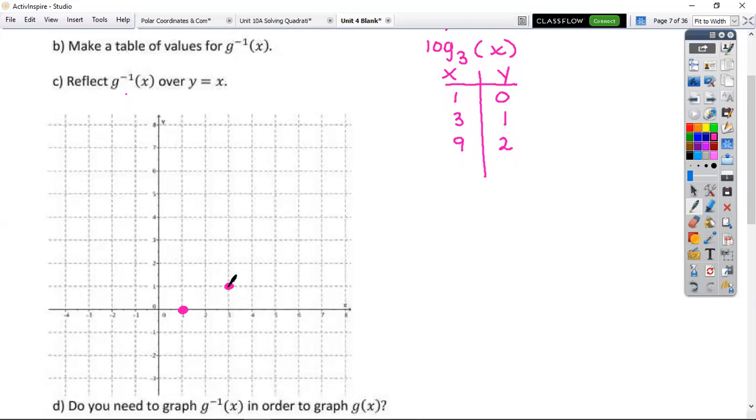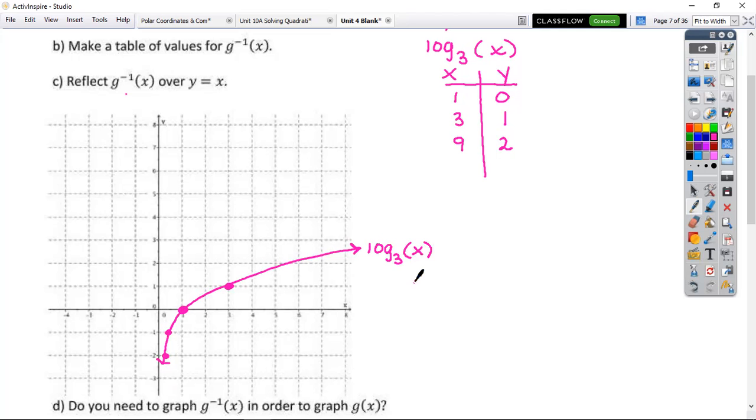Some other values that you could get from this, if you put decimals in, are like, this would be 1/9 and then -2. And then it's going to look kind of like this. All right, same overall shape as your last graph. That's what's important here. So this is the log base 3 of x. Same overall behavior as the log base 2 of x.